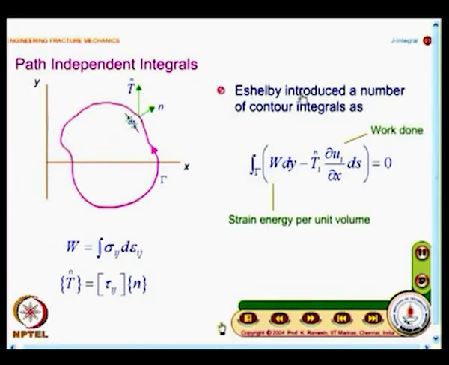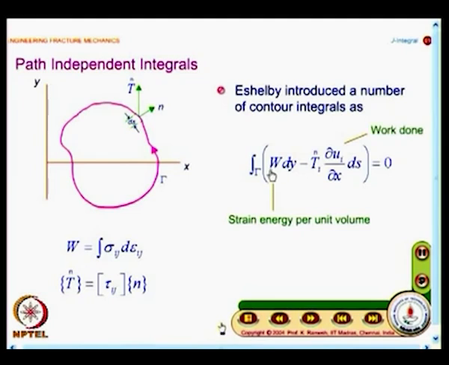And Eshelby introduced a number of contour integrals, and one of them is picked up here, and it takes the form like this. It is essentially a line integral taken over the contour as shown here, and it has two main terms. In the literature they put it as W into dy.